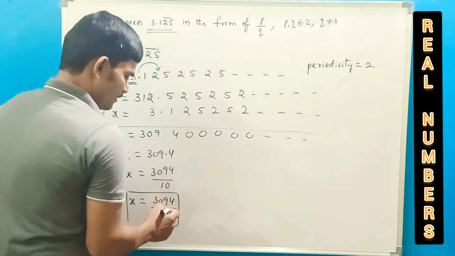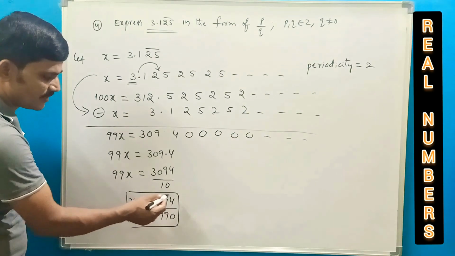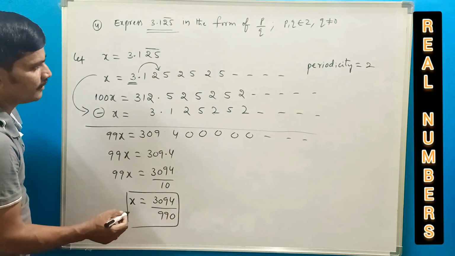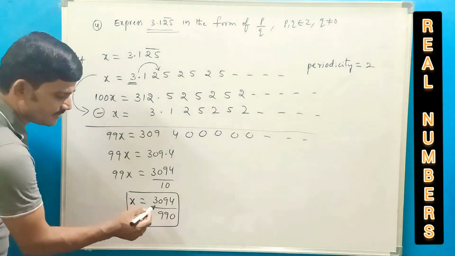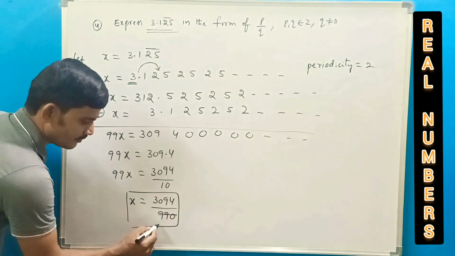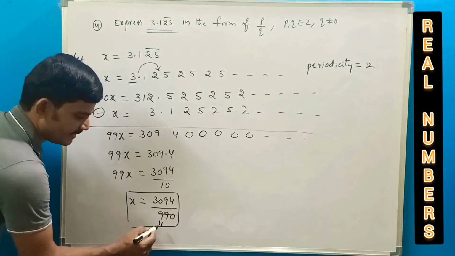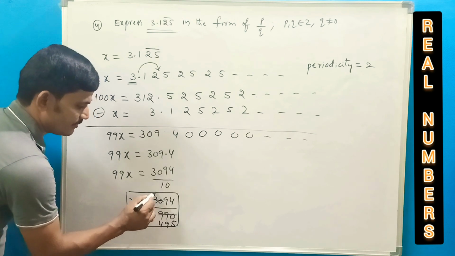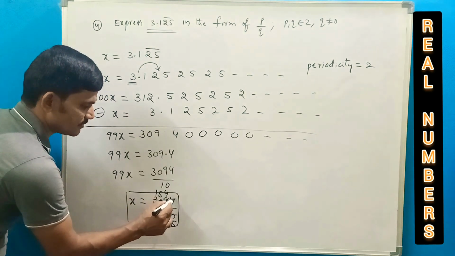Therefore, let us simplify here. What does it become? This is divisible by 2. 2 4s are 8, 2 9s are 18, 2 5s are 10. Again 2 1s, 2 5s, 2 4s, 2 7s.